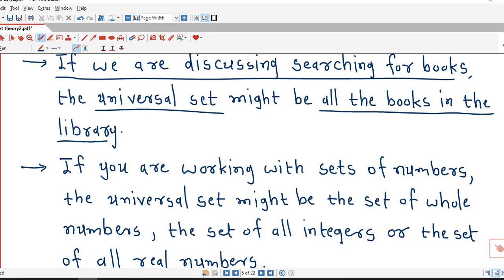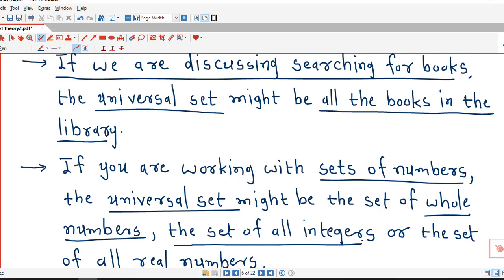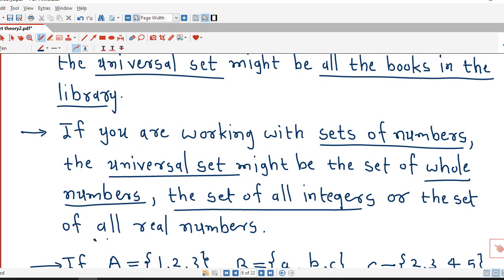If we are working with numbers, then the universal set might be the set of whole numbers, or the set of all integers, or the set of all real numbers, depending upon the situation under discussion.